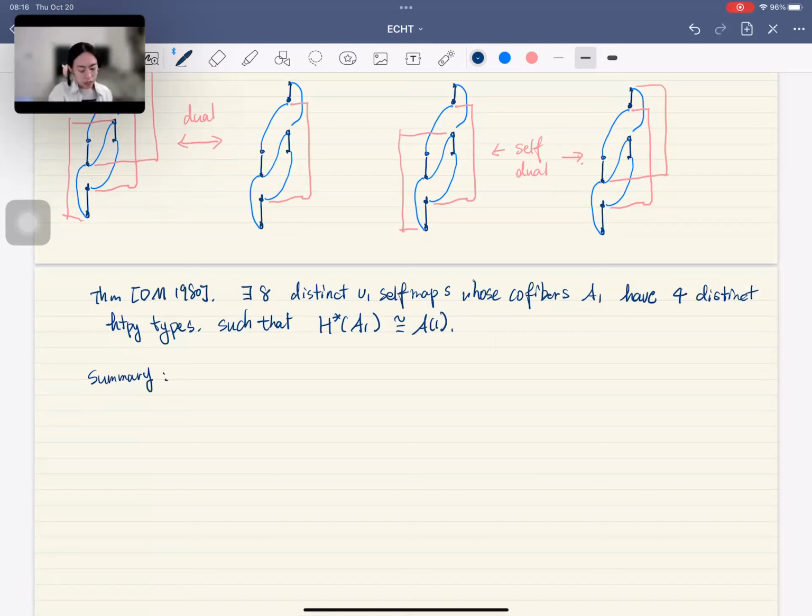So first, they construct the spectrum A1 that is realizing the standard subalgebra, so far as an A1 module.